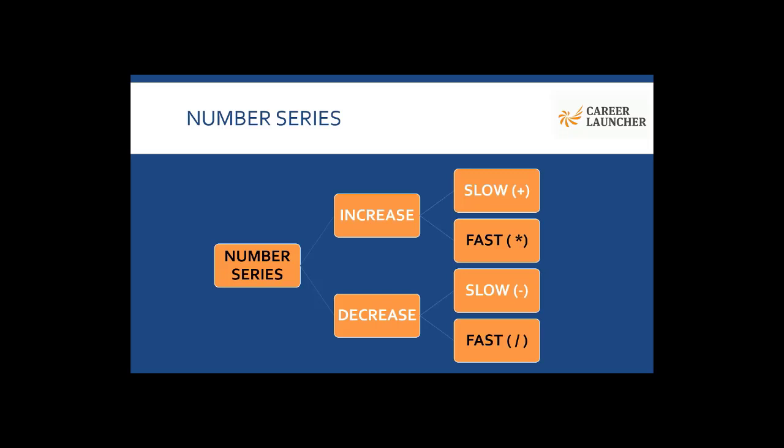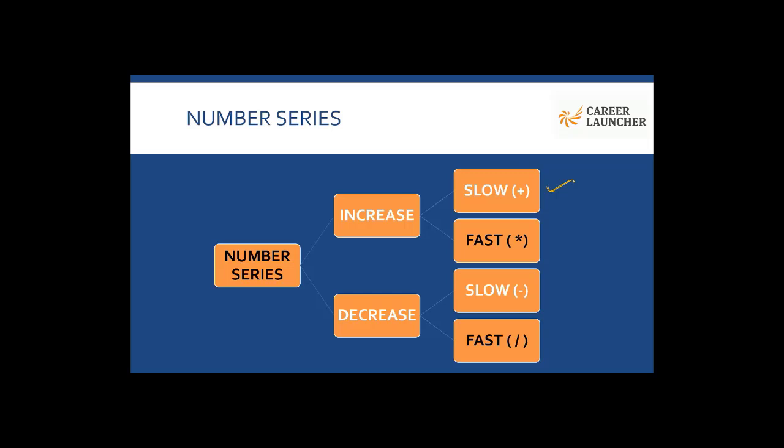Now, how do we identify the pattern in the number series? This flowchart can help you a little bit. If in a number series the numbers are on an increase, meaning the next number is higher than the previous number, then you can judge whether the increase is slow. If so, you can conclude that addition is being used here.